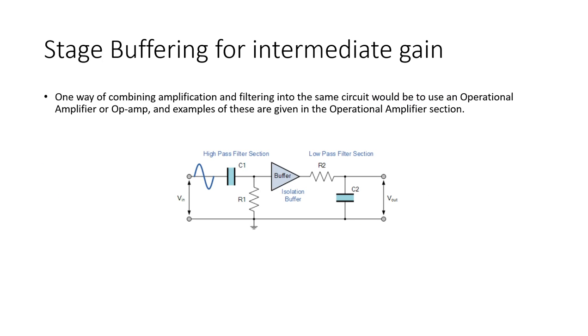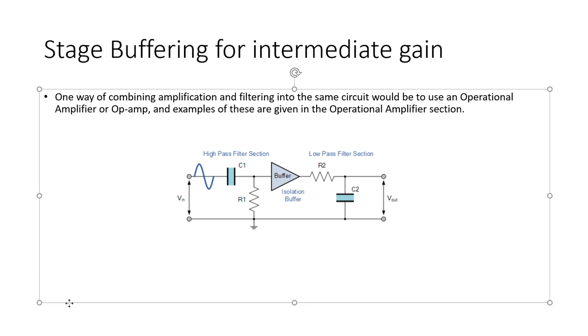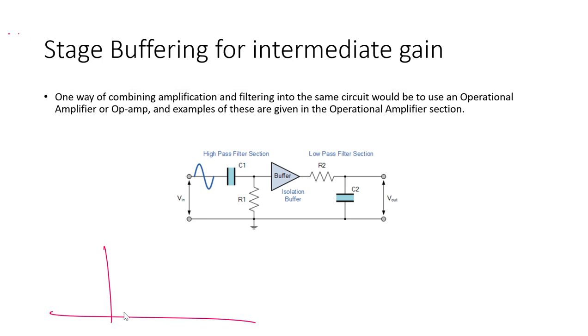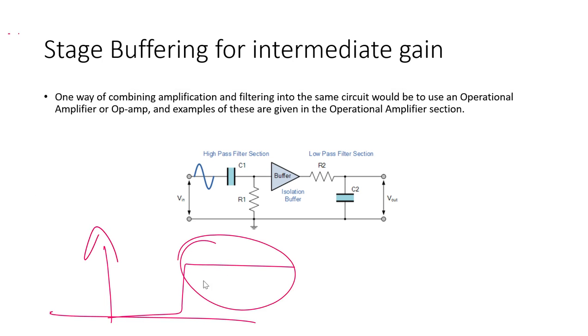We sometimes introduce stage buffering before going to the low pass filter. We first introduce the high pass filter, and then we amplify this, we make this bigger, and after that we pass it through a low pass filter.